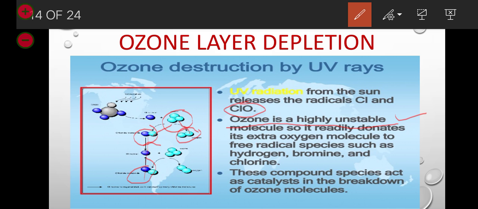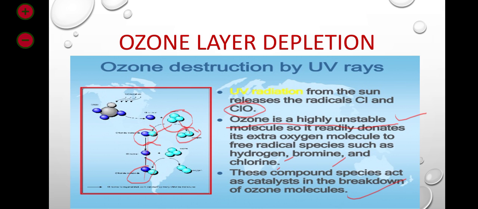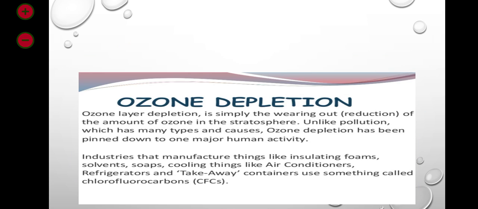The extra oxygen also combines with free radical species such as hydrogen, bromine and chlorine. All such molecules will combine. The combined species act as catalysts in the breakdown of the ozone molecules. So it will start forming in large quantities and the process will speed up. If one single molecule splits like this, the reaction will be on a fast track.